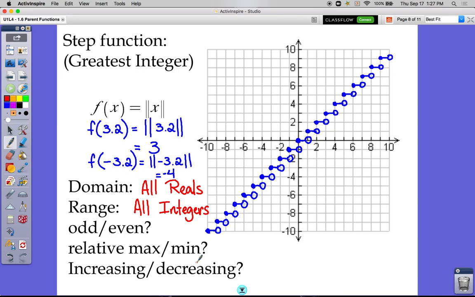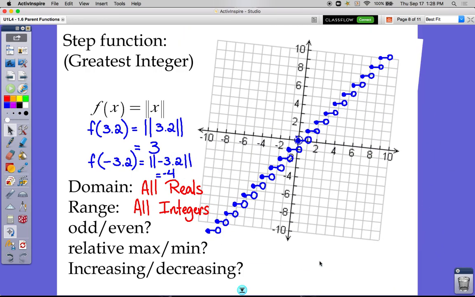Is this odd or even? It's not even. And we're almost tempted to say odd, but look at the slight difference here. This might not work, but we're going to try it anyway. Hopefully it does. Let's try to rotate this thing.